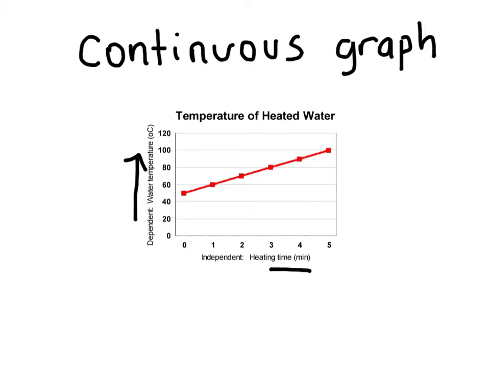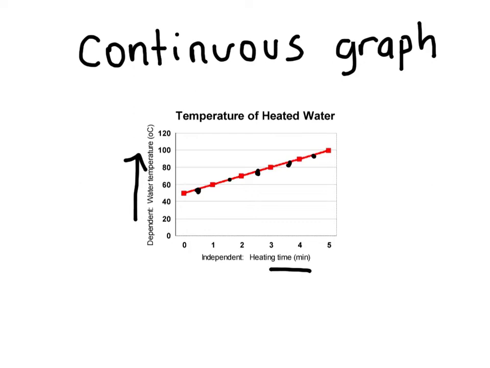Since it's continuous, we could pick any point on this graph in between all the other points, and there would still be a value connected to that part of the graph. So let's say I wanted to know what the temperature of the water would be after 2.5 minutes.